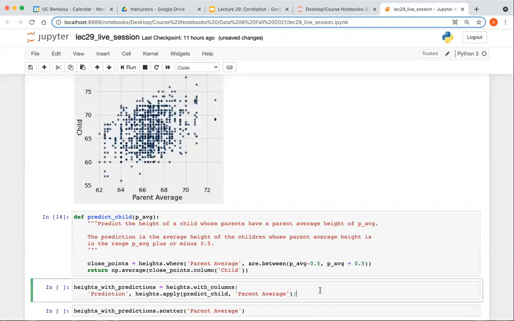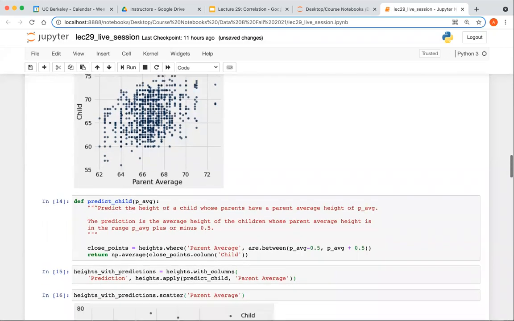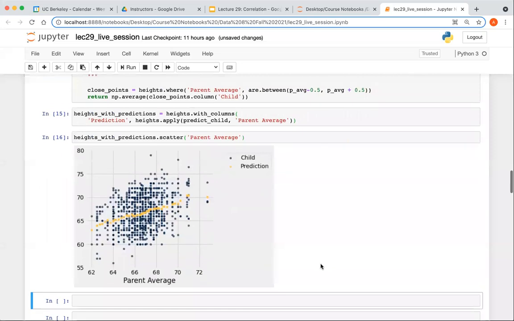And then we applied this function to every single row of our table, and we got a bunch of predicted heights. For every child, we got the predicted height, and then we plotted the predicted heights, and we got this graph of averages, those gold points. And we said, oh, look, this is how we make a prediction.